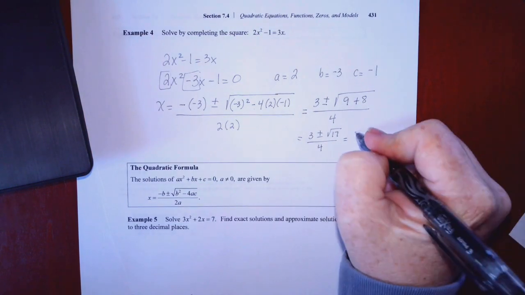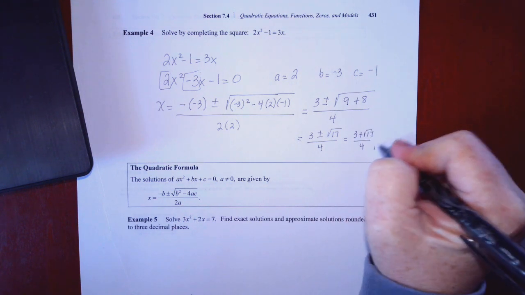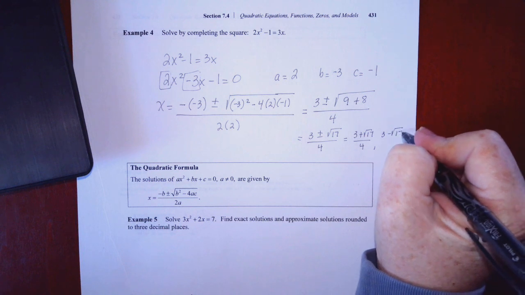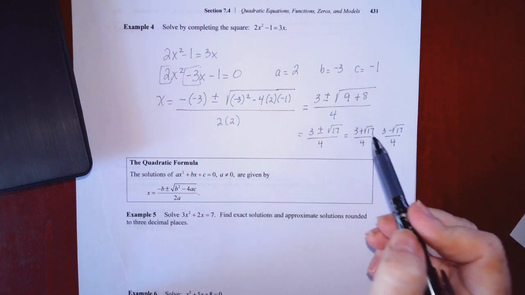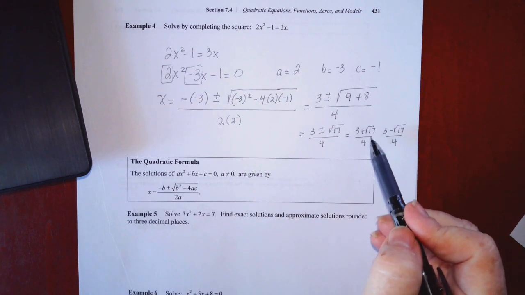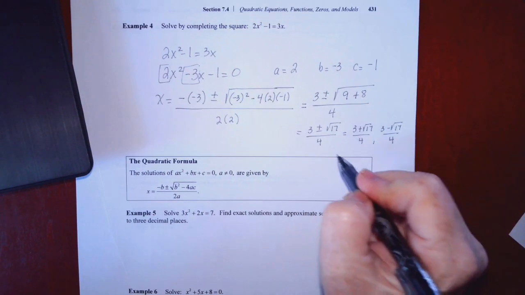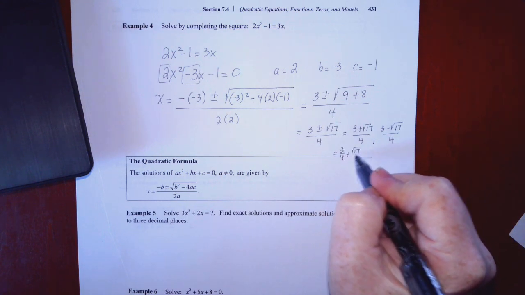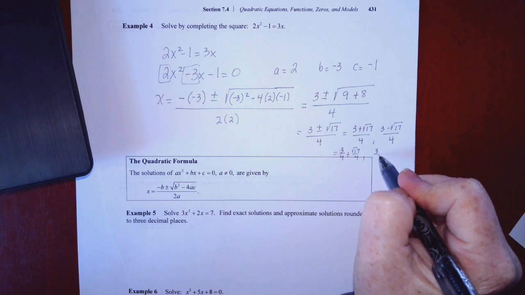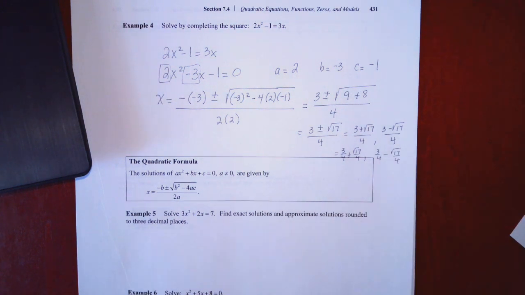That will be 3 plus the square root of 17 all over 4, or 3 minus the square root of 17 all over 4. Now, remember, we wrote this as separate fractions the first time. Since we have a single denominator of 4, we could write that as 3 over 4 plus the square root of 17 over 4, and 3 over 4 minus the square root of 17 over 4, and those would be the same thing.